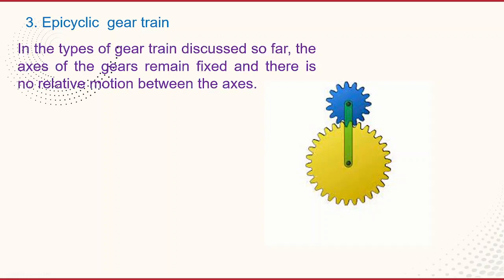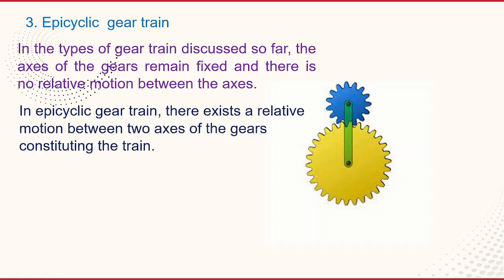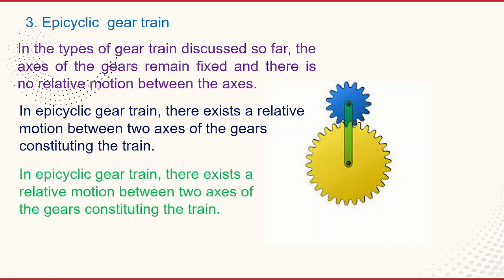In the types of gear trains discussed so far, the axes of the gears remain fixed and there is no relative motion between the axes. In an epicyclic gear train, there exists a relative motion between two axes of the gears constituting the train.